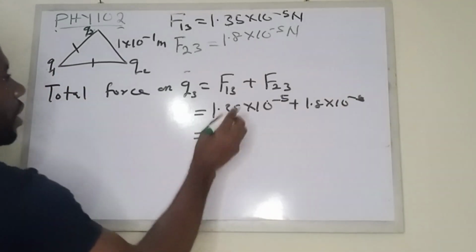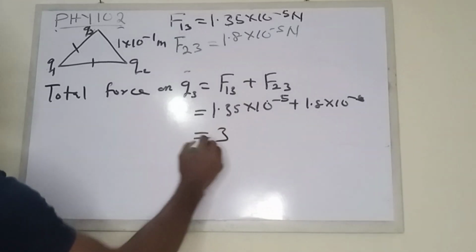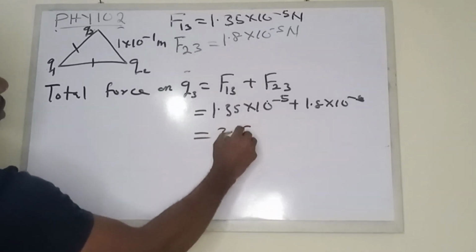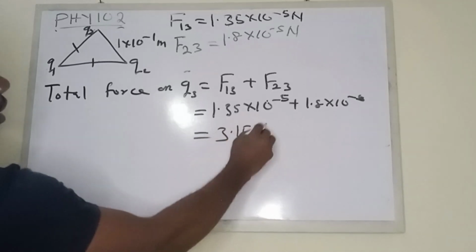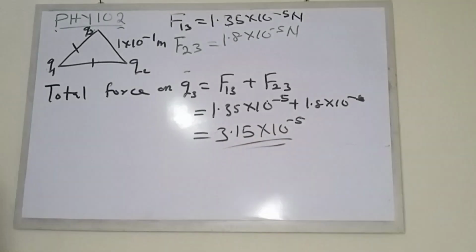When you add these two together, we get 3.15 times 10 raised to the power of minus 5. So this is our total force on Q3.